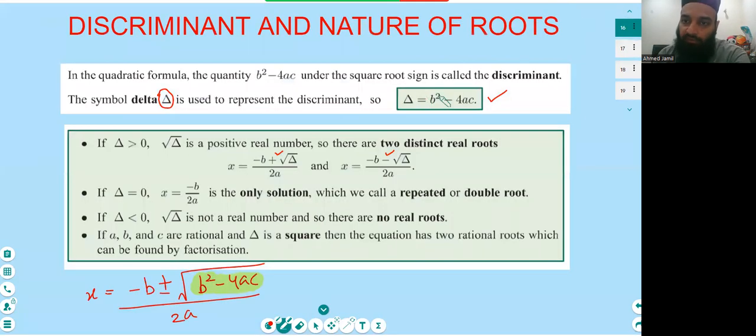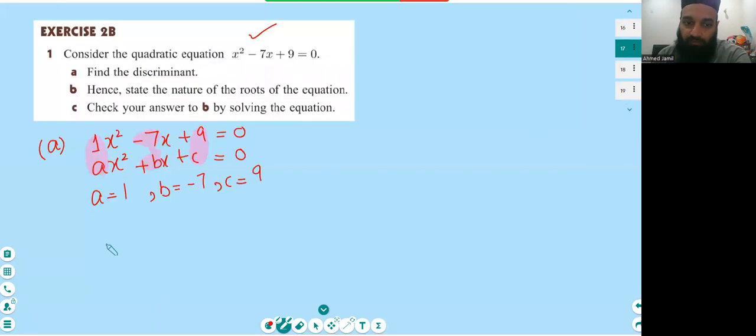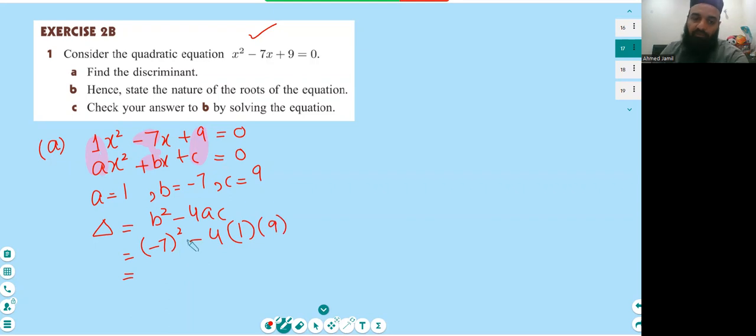So what is the discriminant? The discriminant is delta equals b squared minus 4ac. Now inserting the values, b is negative 7, so this becomes negative 7 squared minus 4 times a, which is 1, and then c, which is 9, right? The square of a negative number is always positive.